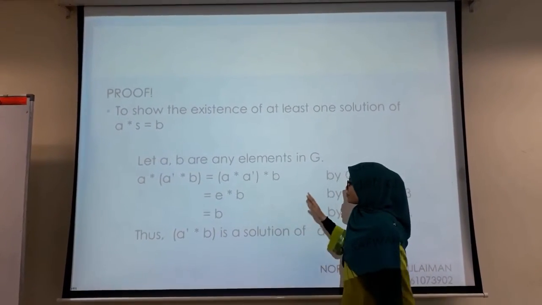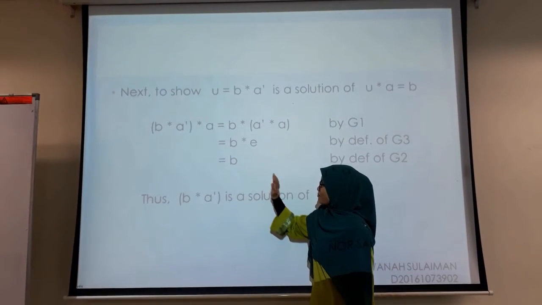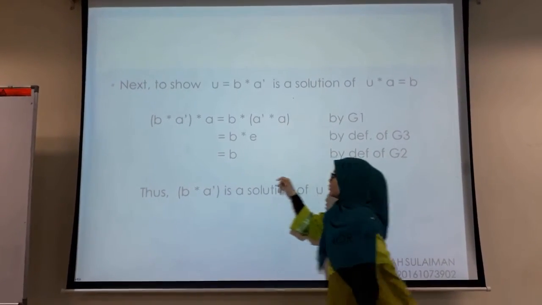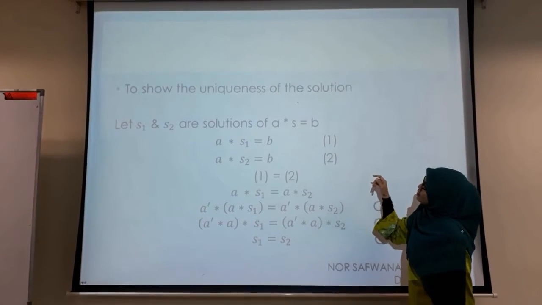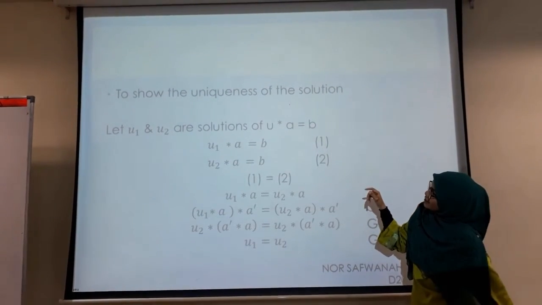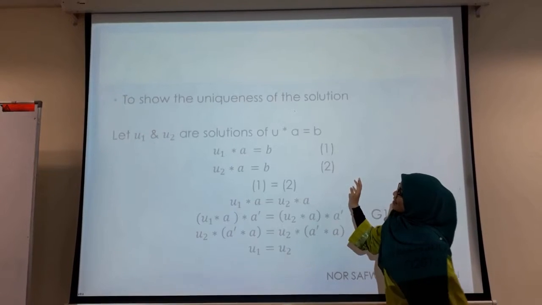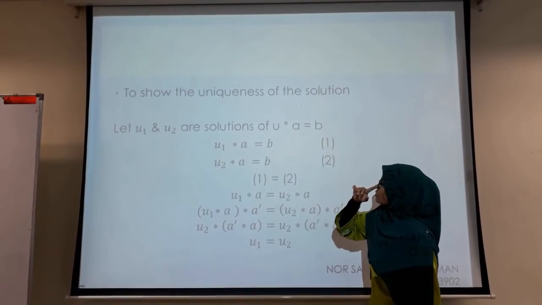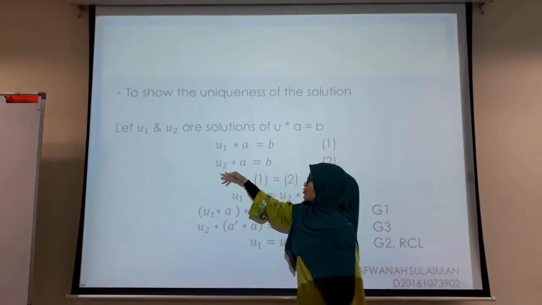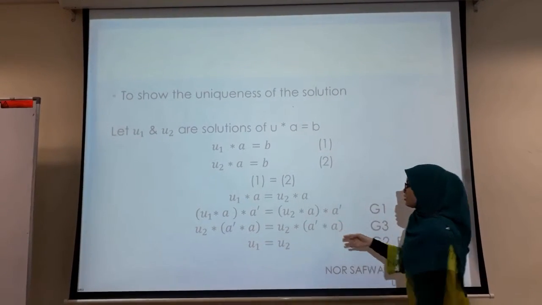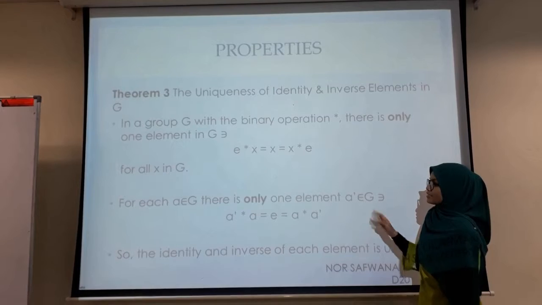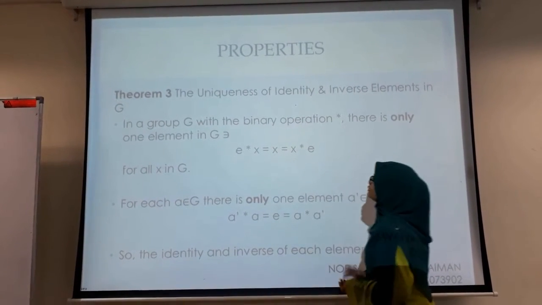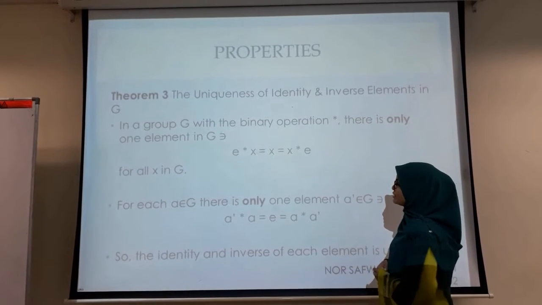Then you will get B for Y and X. This is the way to show that the solution you get, for example Y1 and Y2, is a unique solution. Next is theorem 3, the last property, which is the uniqueness of identity and inverse element.